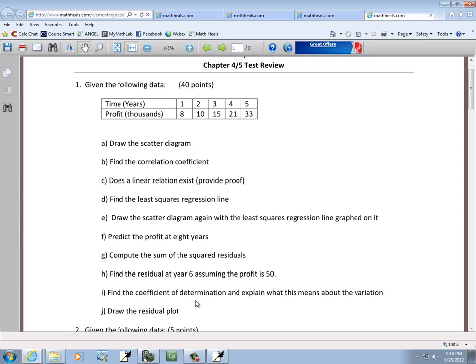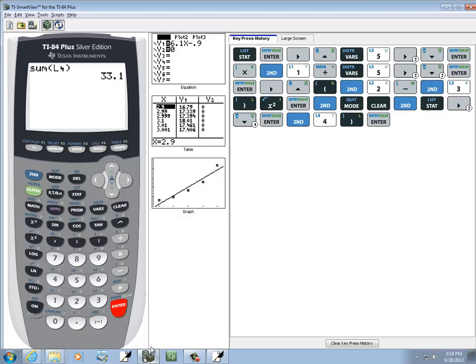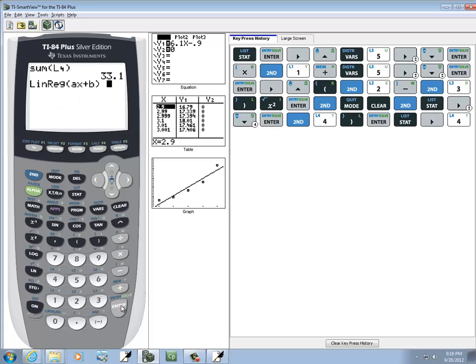Okay. I. Find the coefficient of determination. So that's I. So I should have written it down before, but if we just press stat, right arrow to calc, and go through linear regression again, number 4, and press enter.